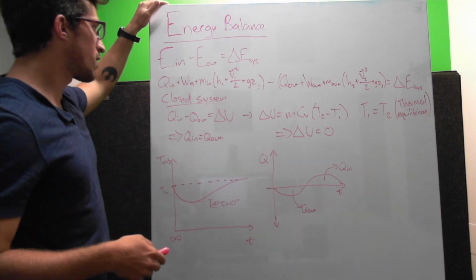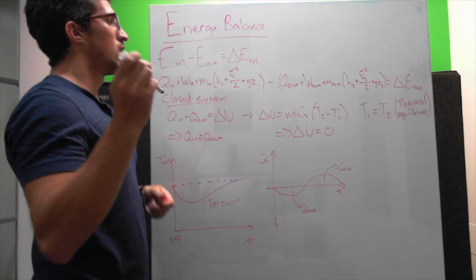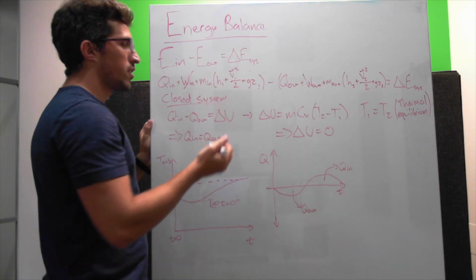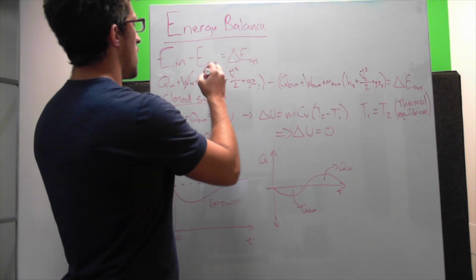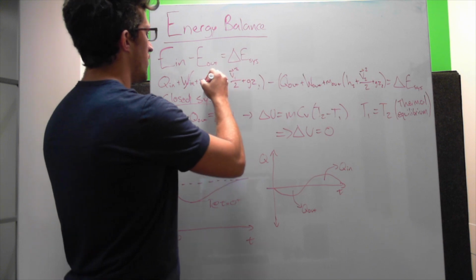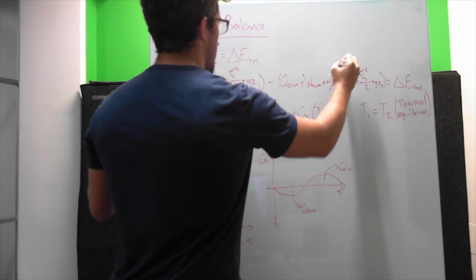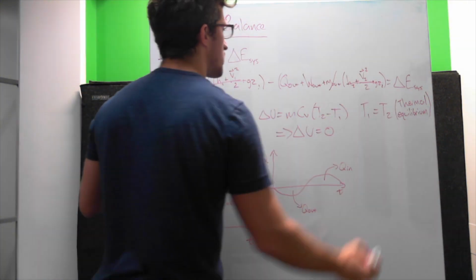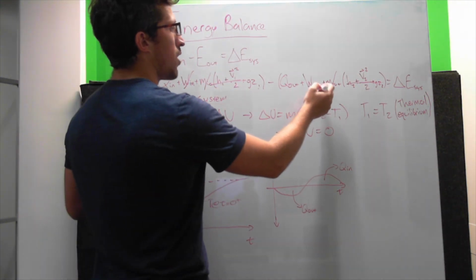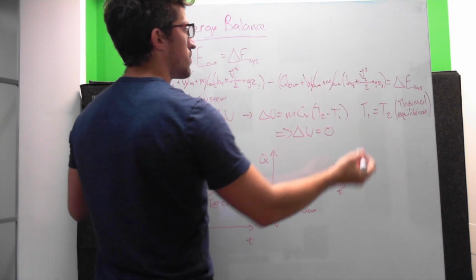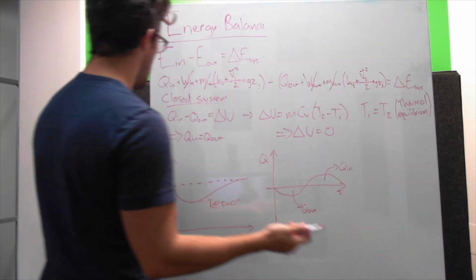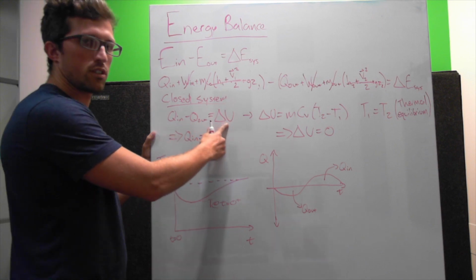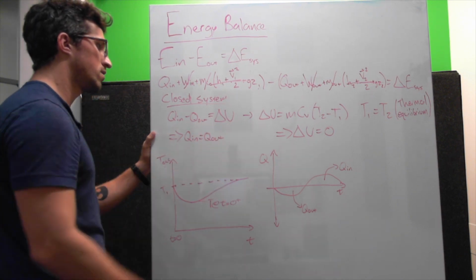So specifically for a closed system, we don't have any work in for our system, so we can cancel out that term. For any closed system, we're not going to have mass in or mass out, so we can cancel out all these terms. And work out, we do not have any work out for our system. So all we're left with is Q in minus Q out, and that's going to equal the change in internal energy.